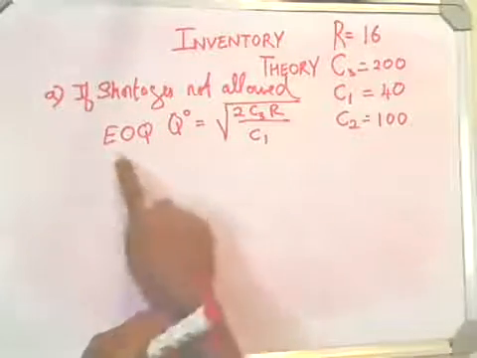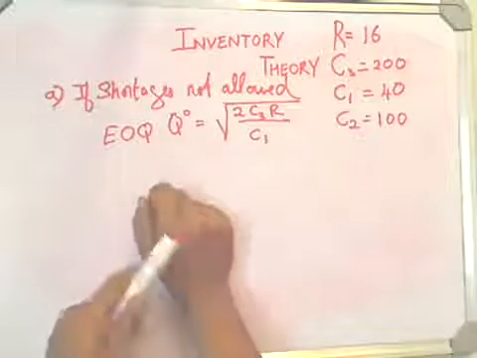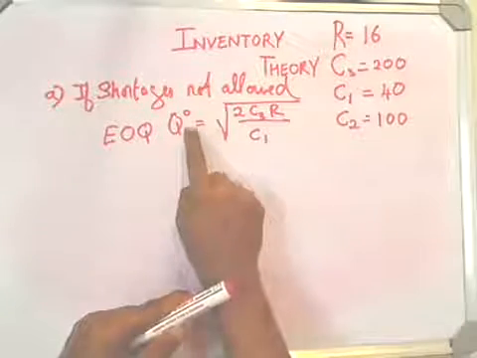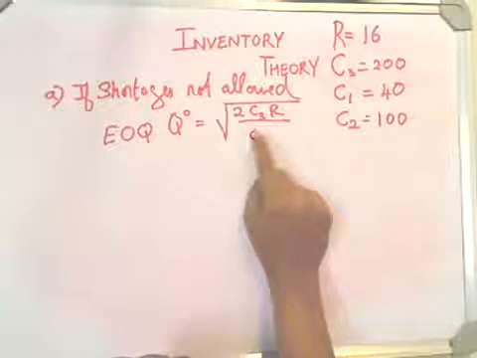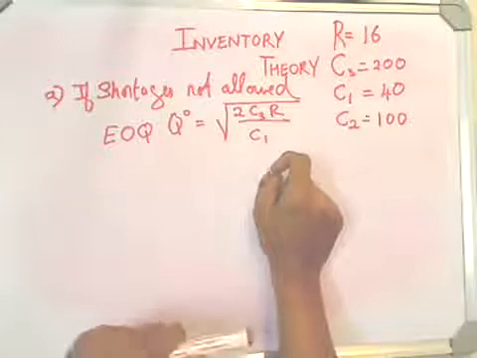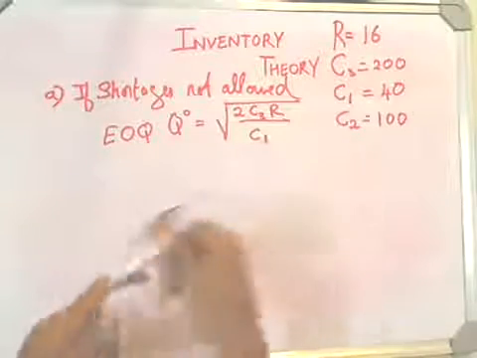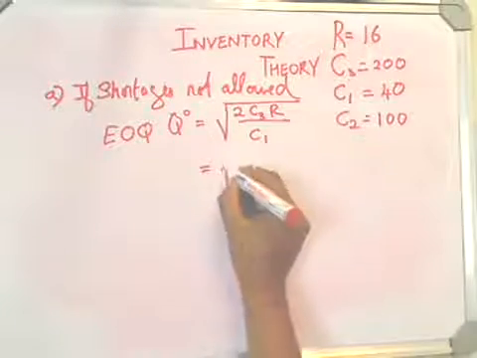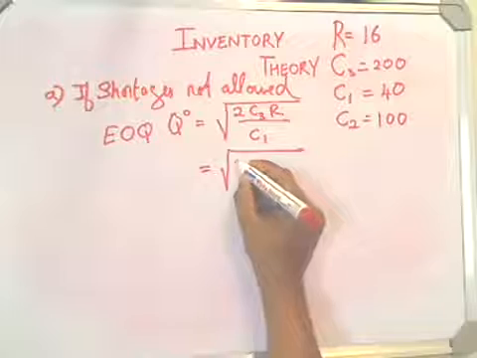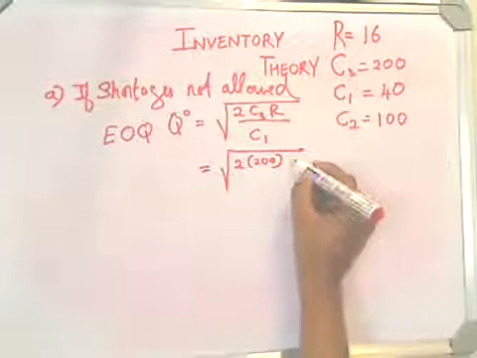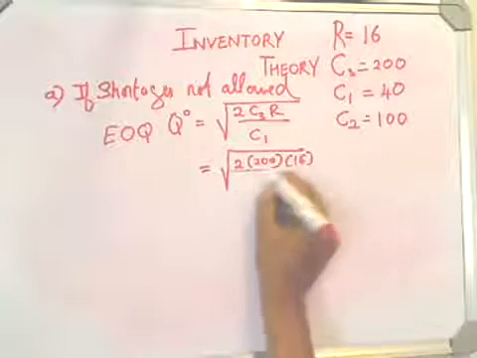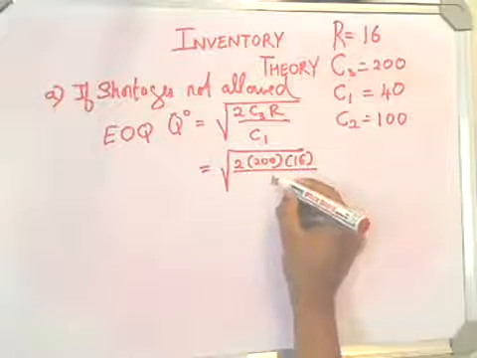So the first one that you have here would be the economic order quantity. Okay, now that's been represented as Q naught, which is equal to the square root of 2C3R divided by C1. If you substitute the values, you should get 2 multiplied by 200 multiplied by 16, that would be the order quantity, divided by 40.